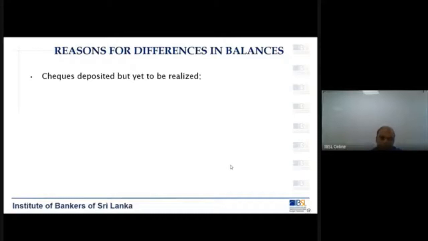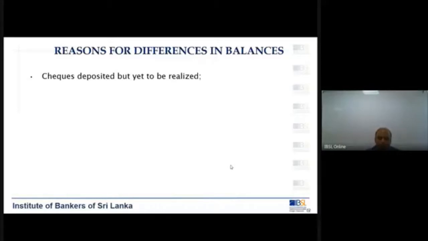So at least there is a 1 or 2 day difference between the checks deposited and the realization of same. So in one particular instance, maybe you would have deposited the check, so you would have debited your bank column in the cash book, but the bank has not yet credited your account. So when you get the bank statement, you will see I have marked a check as deposited, whereas the bank doesn't show that check.